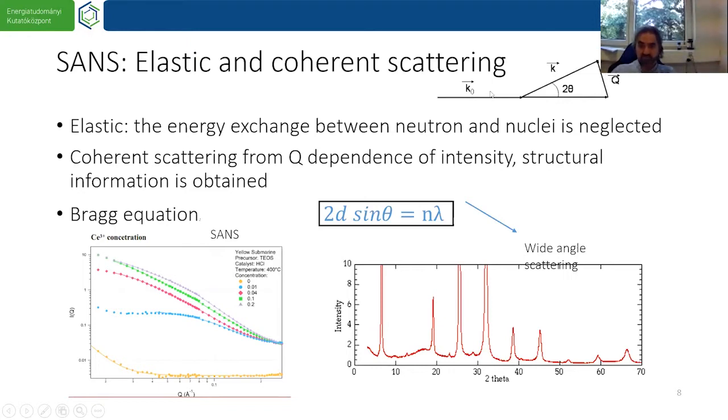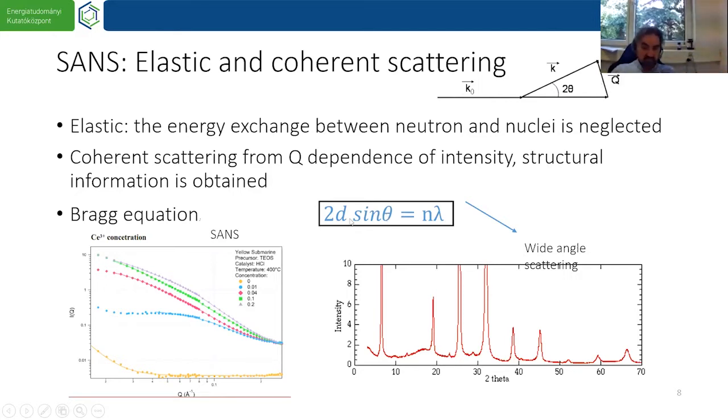And the difference between the initial and the final k vector is called the momentum transfer. And in the case of elastic scattering, this momentum transfer can be calculated from this triangle, assuming that both vectors have the same length. So it's only the scattering angle which determines the scattering vector.